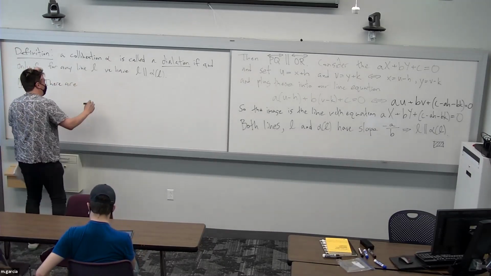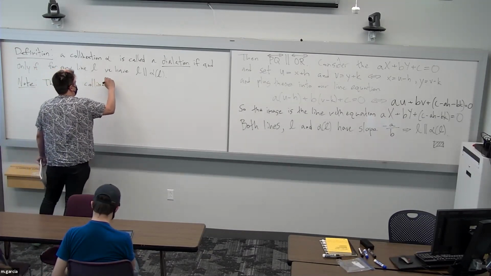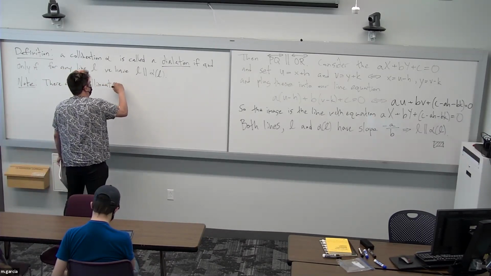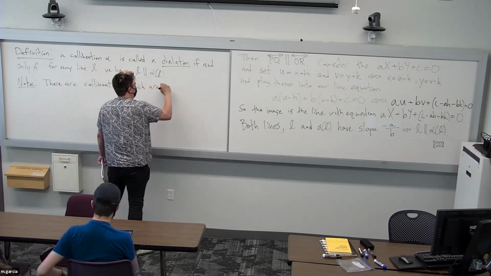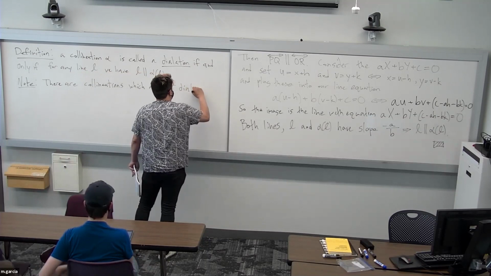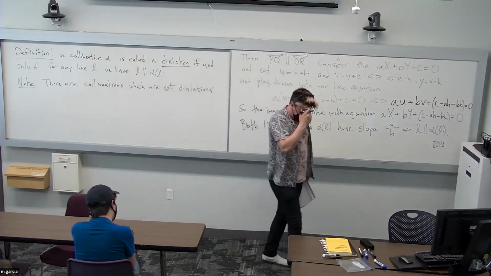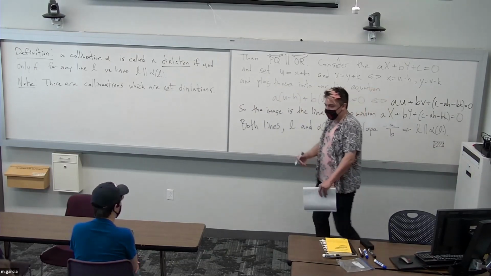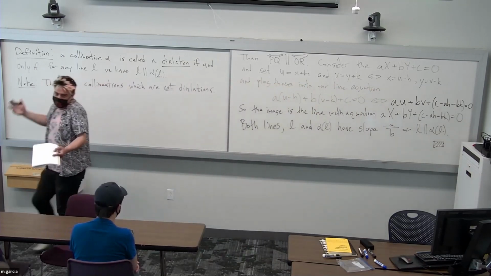There are, of course, collineations which are not dilations. Can anybody tell me an example of such a thing? Rotation. Yeah, we can have rotation by some angle. Yeah, 90 degrees, why not?